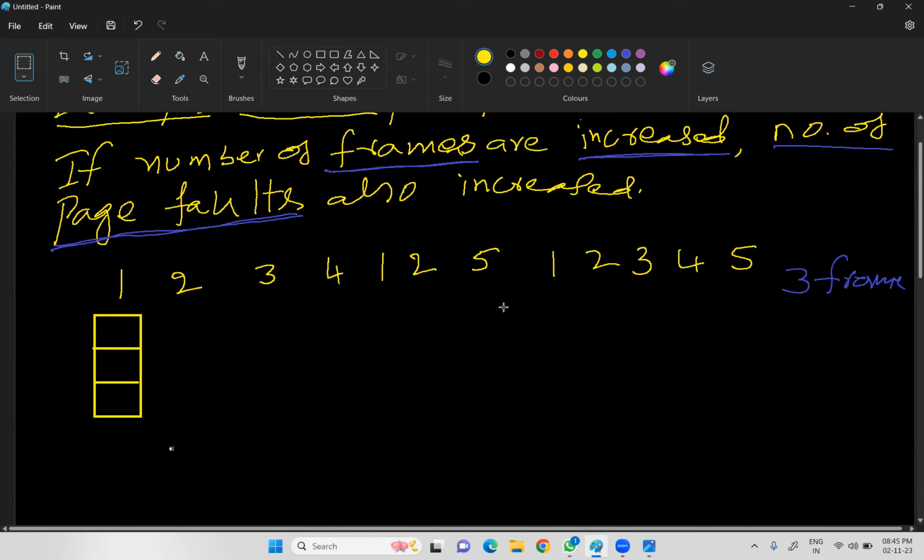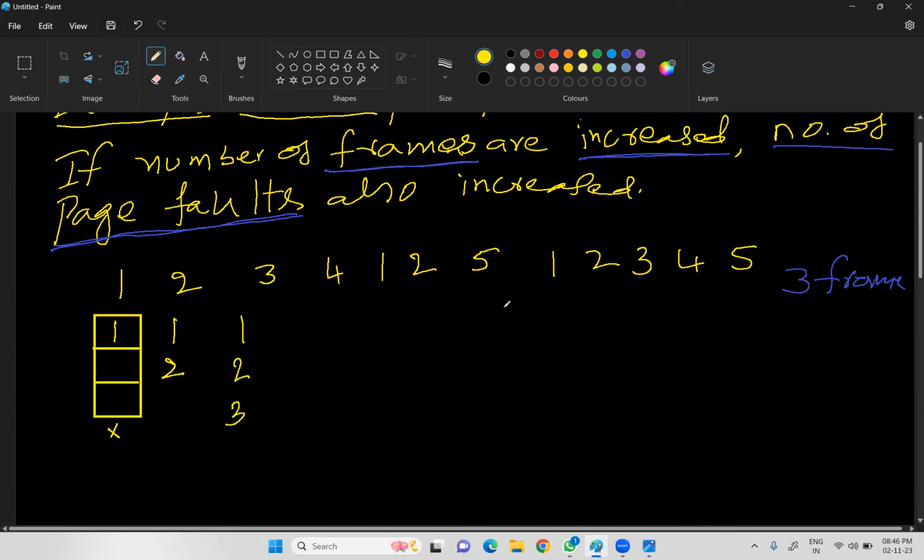Initially, page 1 is not available, so it is considered a page fault. The second page is also not available because the frames allocated to you are free, so 1 and 2 will be taken. The third is also not available, so 1, 2, 3.